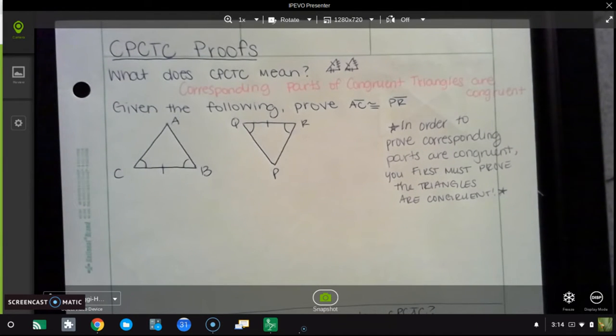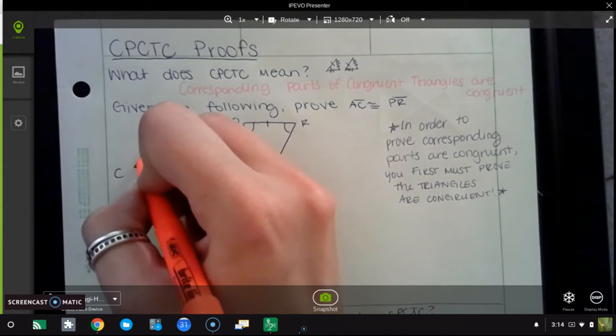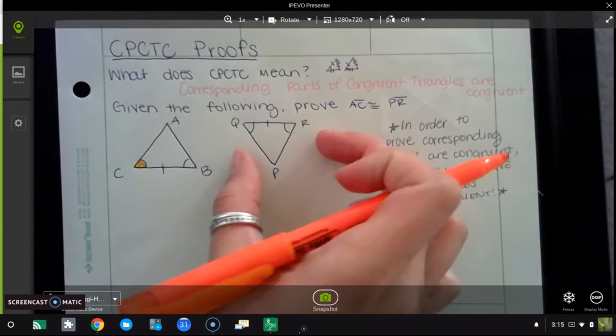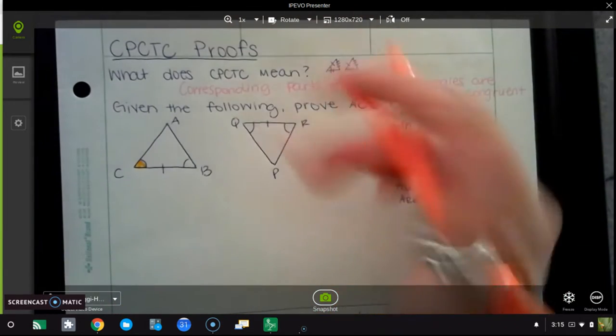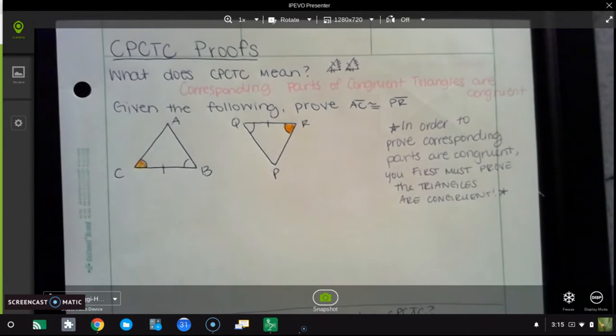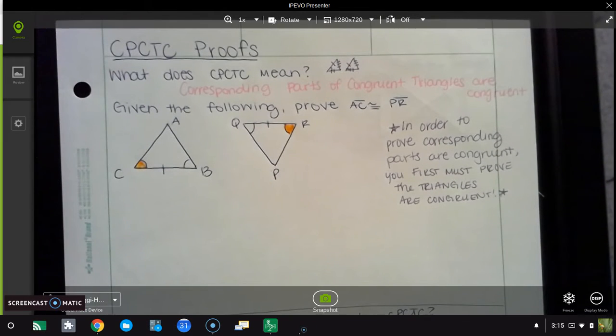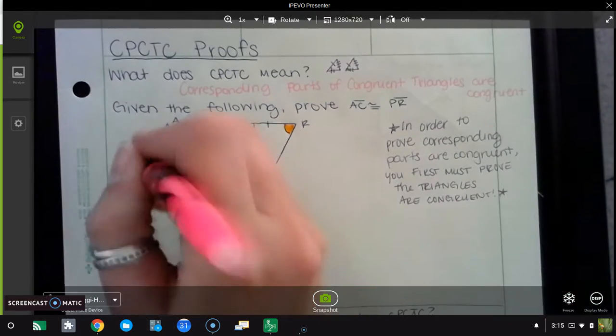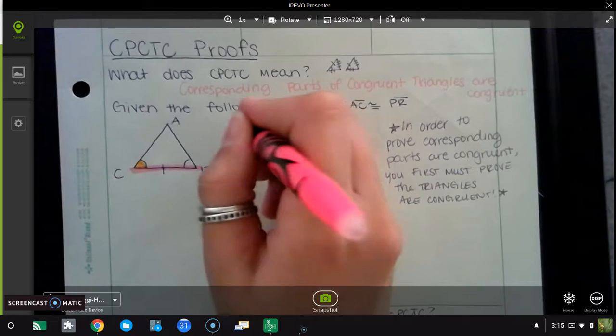Again, with our colors that we know, we can go ahead and grab my colors. I know that this right here is congruent to, and if we think about just flipping this triangle over completely, angle C is going to be congruent to angle R. I also know that line CB is congruent to line QR.